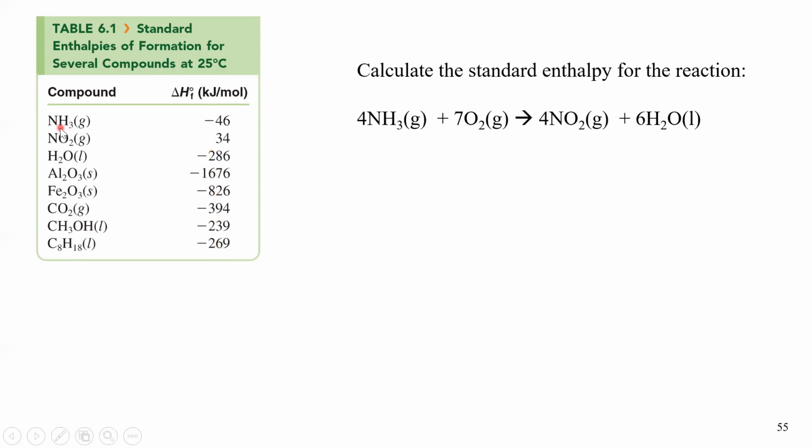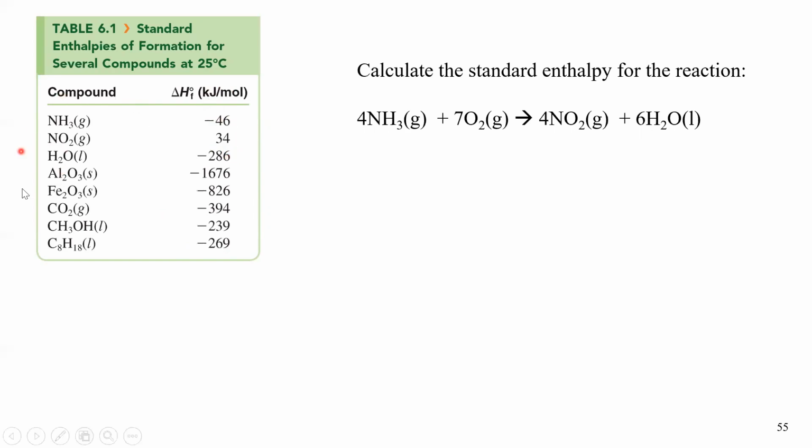So if 1 mole of ammonia gas is formed from its elements, 46 kilojoules of energy would be released. If 1 mole of nitrogen dioxide was formed from its elements, 34 kilojoules of energy would be absorbed. So that's what these values are, and we can look them up right on a table. Okay, every textbook has an enthalpy of formation table in it.